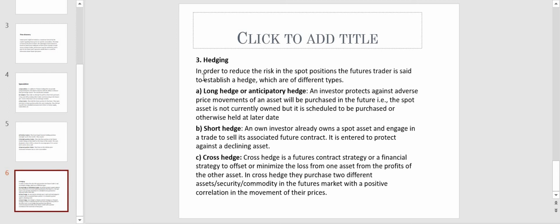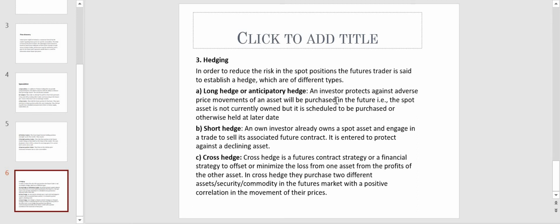Then you have got hedging. In order to reduce the risk in the spot positions, the futures trader is said to establish a hedge, which are of different types. See, hedge is a strategy to mitigate the risk in the transactions. There are different types of hedges. First one, long hedge or anticipatory hedge.